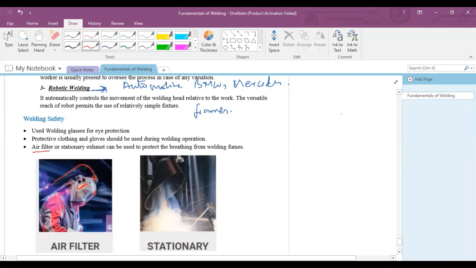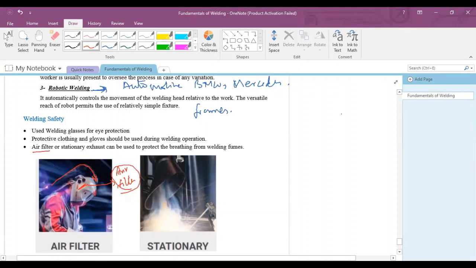This is a specialized helmet containing an air filter, because during welding the welder can breathe in harmful substances or harmful fumes. So there is a filter to avoid these harmful fumes.